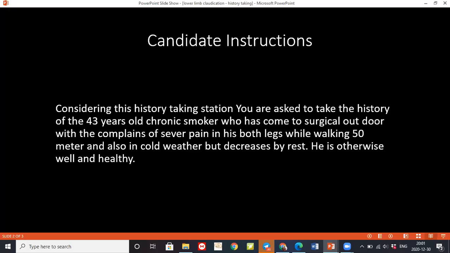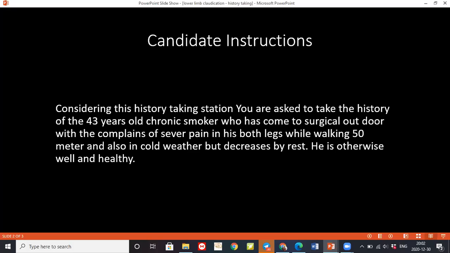So what is your provisional diagnosis? My provisional diagnosis is intermittent claudication due to chronic arterial ischemia. Okay. What else are you going to consider? I'd like to consider spinal canal stenosis, disc prolapse, spinal claudication, sciatica. How would you confirm your diagnosis?